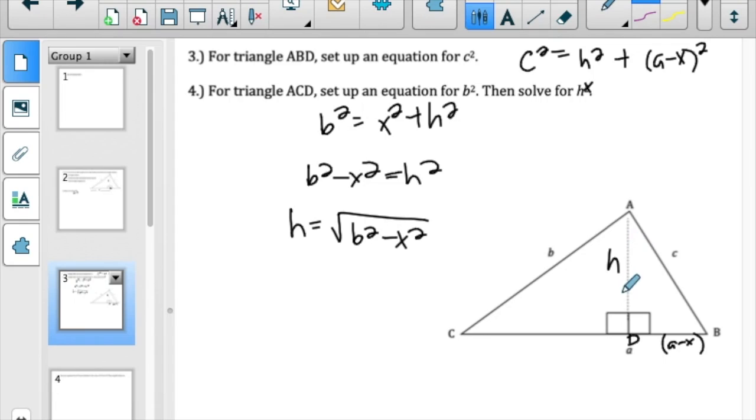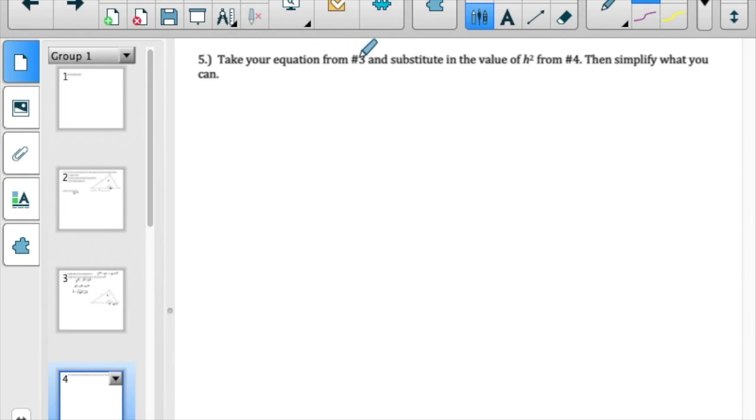So H is not just H. H could equal this chunk right here. With that being said, it says number 5: take your equation for number 3, substitute the value of H in, and simplify what you can.